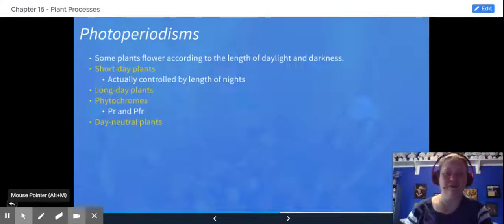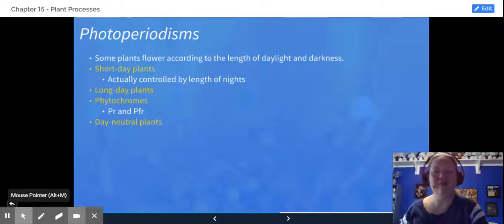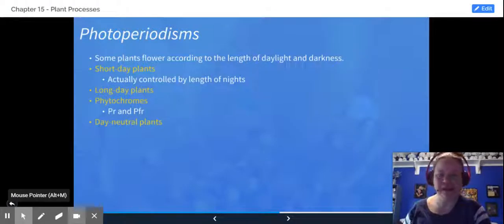So short day plants have a shorter day period and a longer night period. A long day plant will have a long day period and a shorter night period. Day neutral plants really, they're going to blossom no matter how long the days or nights are, okay?